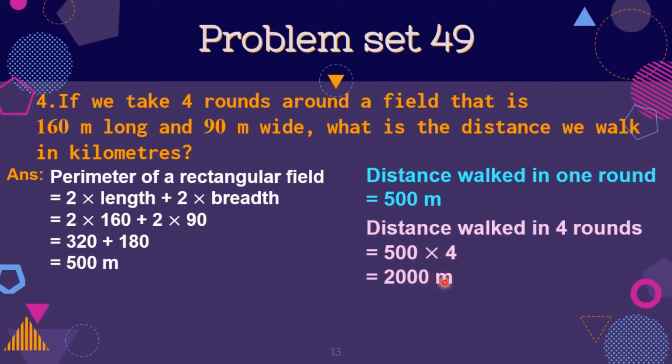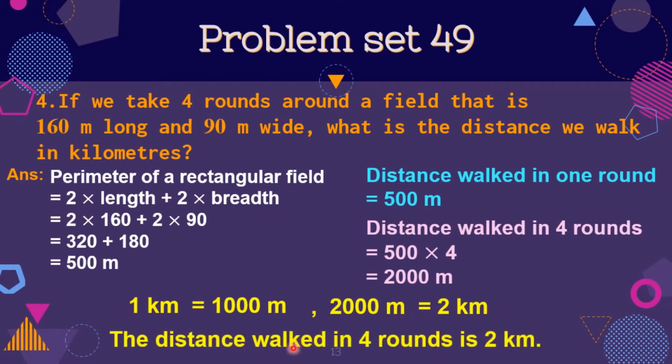We know that 1 kilometer is equal to 1000 meters. Hence, we say 2000 meters is equal to 2 kilometers. And hence we get the answer as the distance walked in 4 rounds is 2 kilometers.